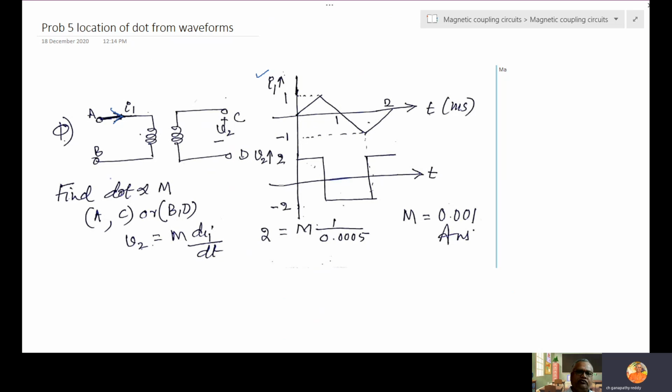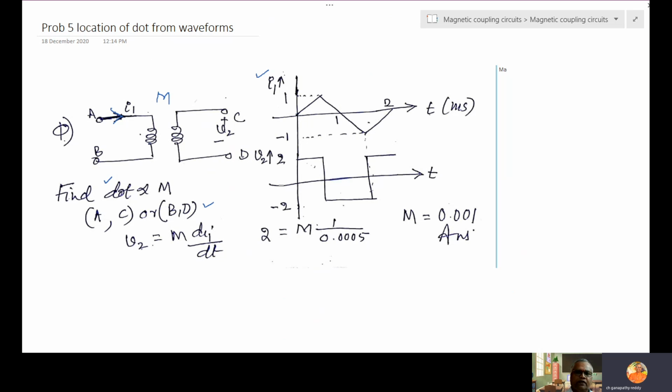Find the dot and also M. Terminals are given as A, B and C, D. So where to place the dot? The answer is A comma C or B comma D. But how do you select it?